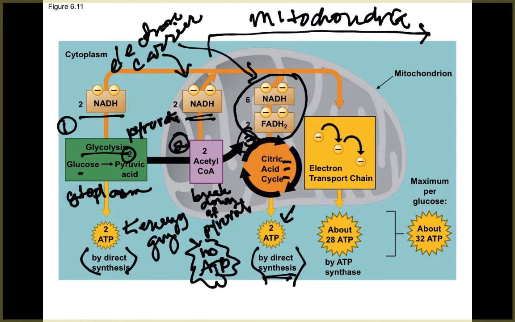Now, if you notice here, change the colors really quick. You start with this glucose molecule. You see it moves, and the glucose molecule essentially goes from pyruvate and then goes to this thing called acetyl-CoA. So you're still using parts of that original glucose. And then that acetyl-CoA comes and feeds into the citric acid cycle. You're still using parts of that original glucose over here.